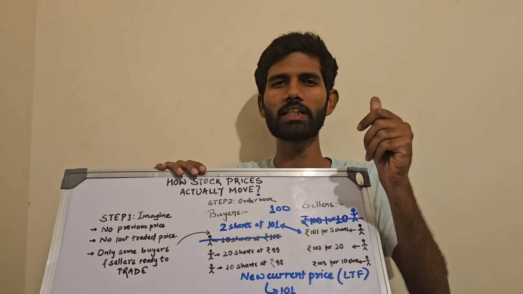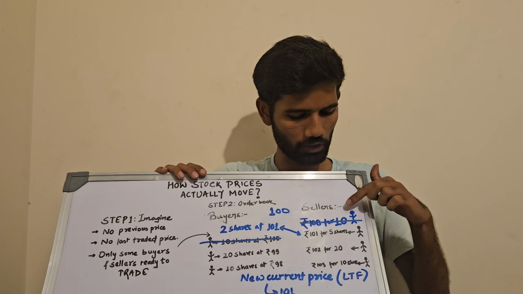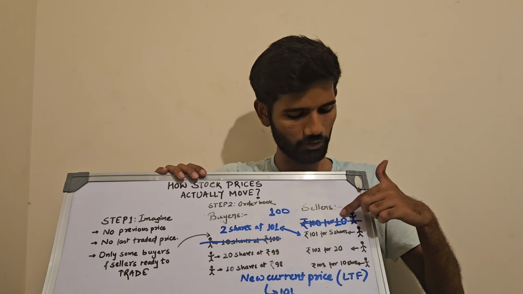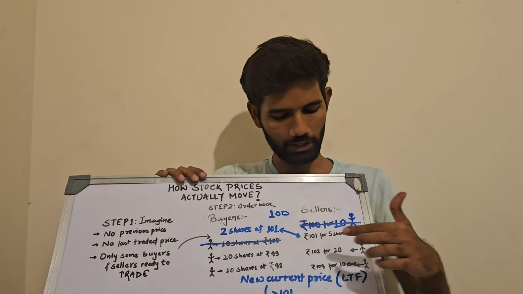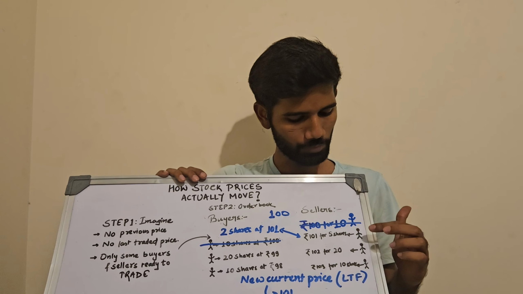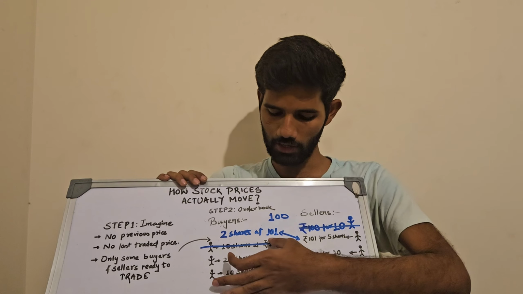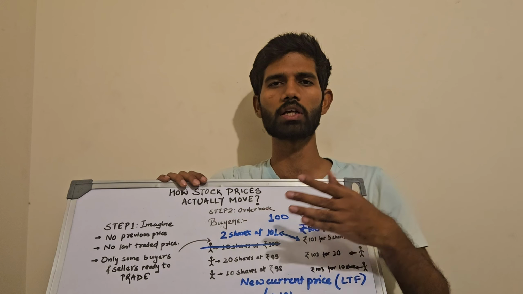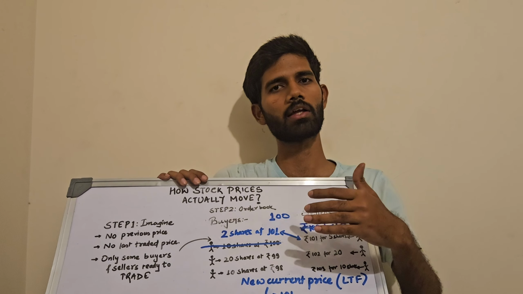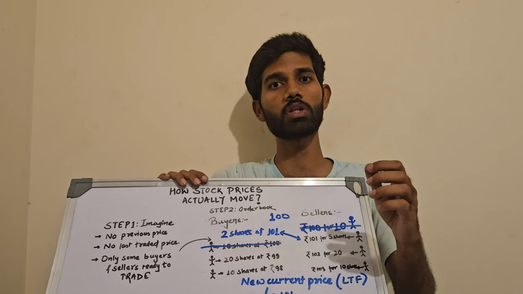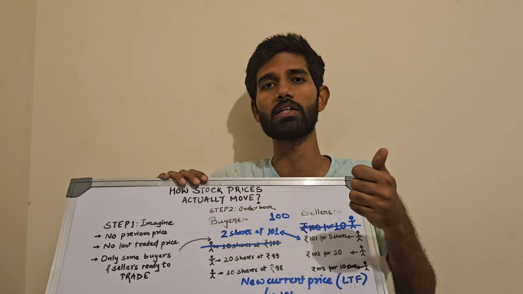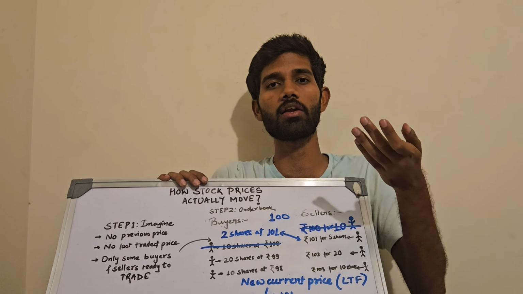But there is something unusual here. Earlier he was selling 10 and he was buying 10. But now the seller was selling 5 shares, but the buyer is only willing to buy 2 shares. So will this trade happen? Yes, it actually happens. The trade happens in fragments. This is one of the new things which I learned today.